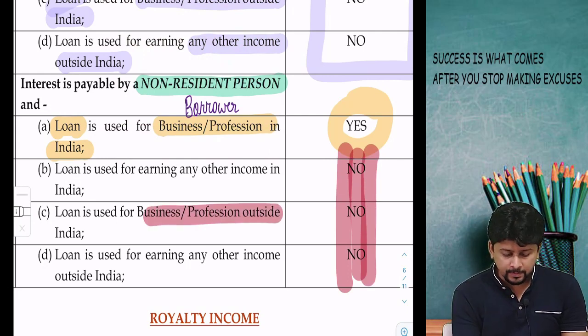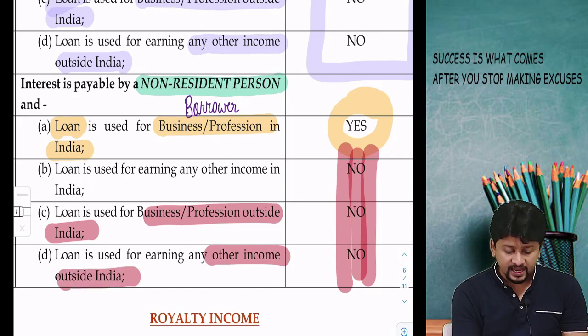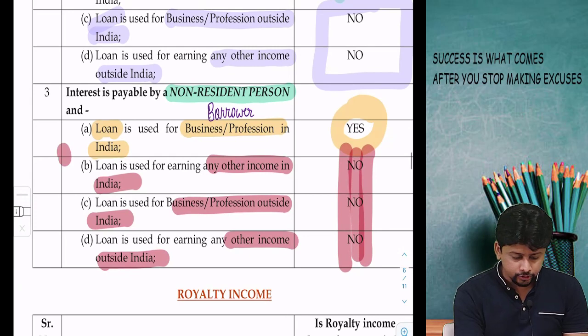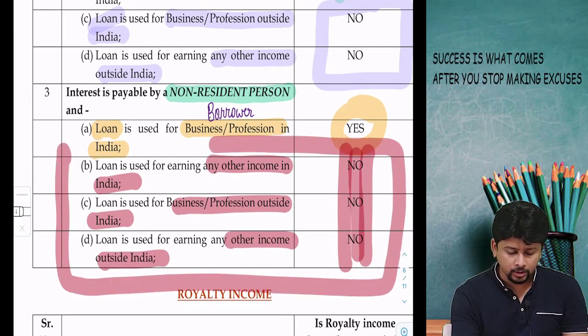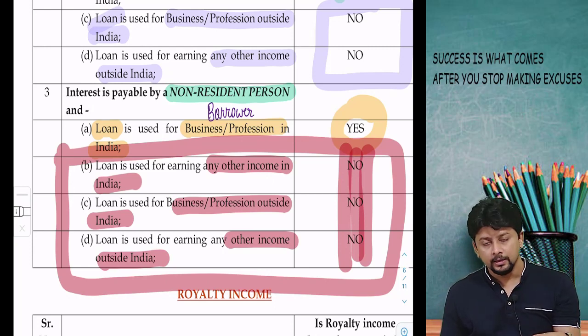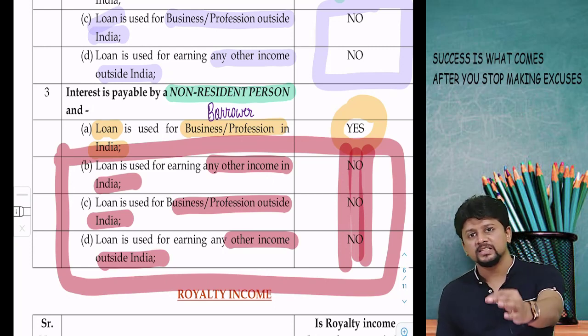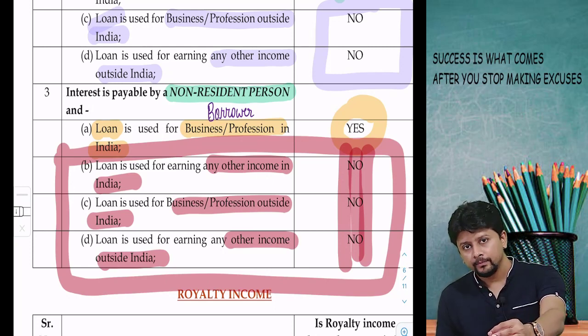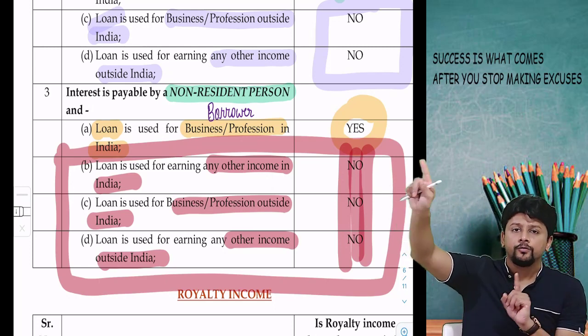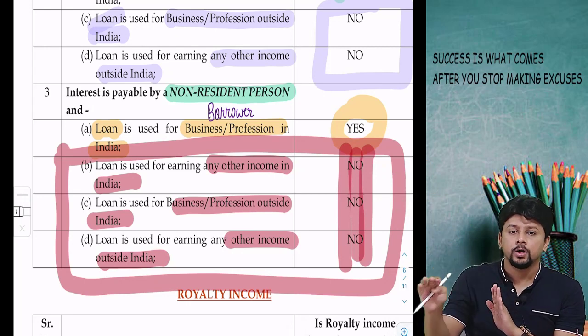That means PGBP outside India, any other income outside India, any other income in India. In all these situations, section 9 will not apply for the lender. So if a non-resident is borrowing money and using the money to do business activities in India, then when this non-resident pays interest to the lender, for the lender, income is deemed to accrue in India.